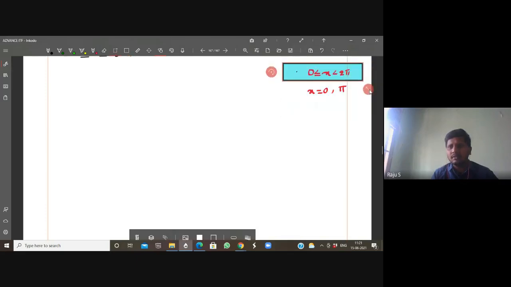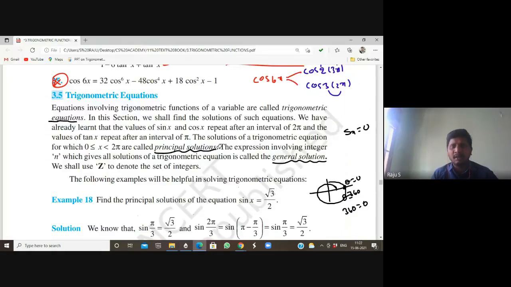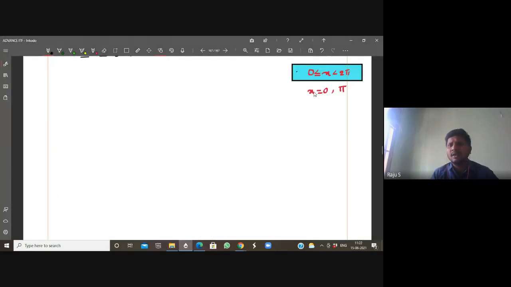Am I right? This x value belongs to 0 to 2 pi, so the solution is called the principal solution. What are the principal solutions here? 0 and 180 alone. We should not equate 2 pi because it is less than 2 pi.